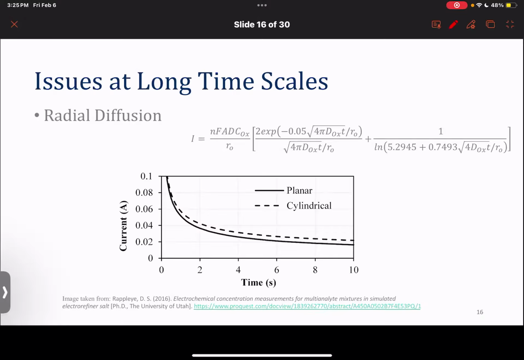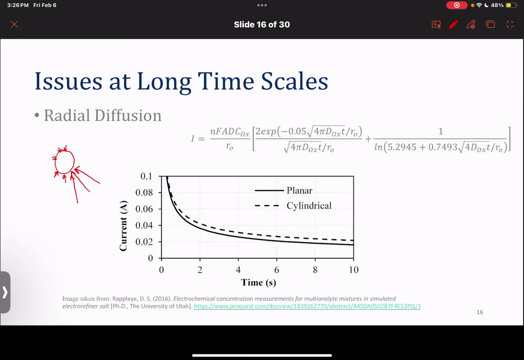Another issue at long timescales is radial diffusion. Often in molten salts, we use a cylindrical electrode, like a wire or a rod, and at short times, our diffusion layer is thick and most of the flux is perpendicular to the electrode. However, at longer times, you can see if I am diffusing from further out, I could be getting flux from a couple different angles as it narrows down and gets closer.